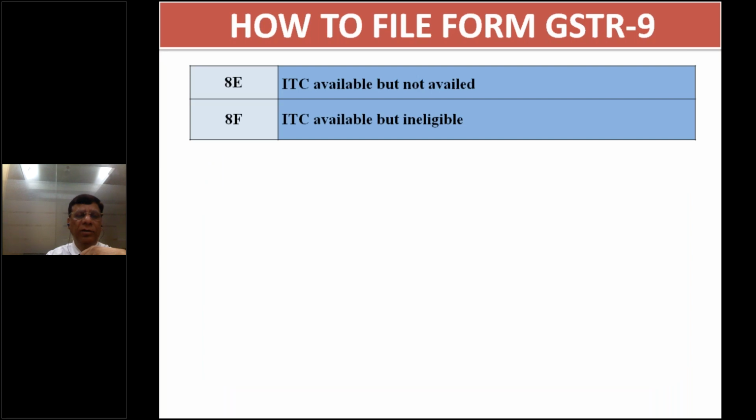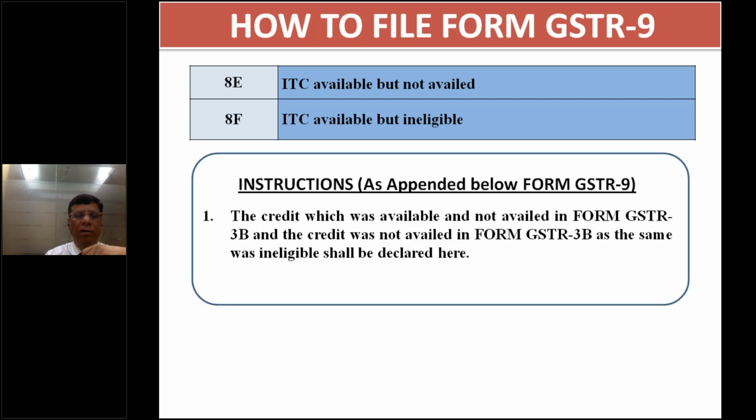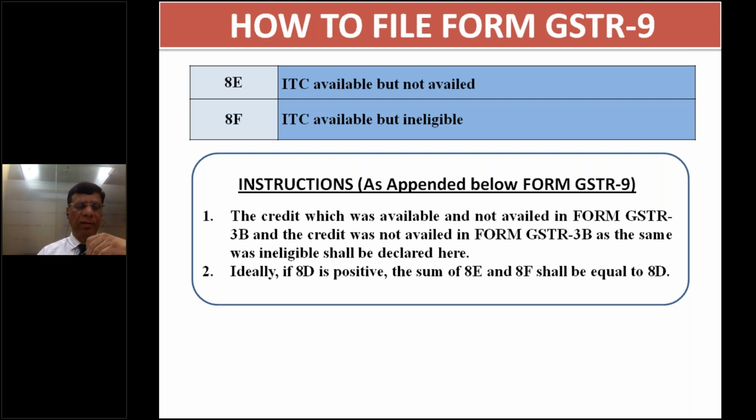8E contains information relating to ITC available but not availed, and 8F contains ITC available but ineligible. So the credit which was available but not availed in Form B, and the credit which was not available in B as the same was ineligible, shall be declared here.